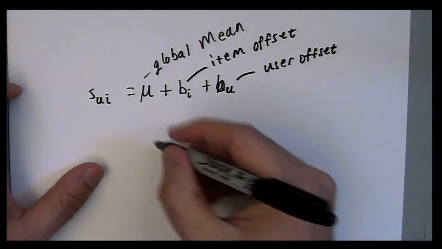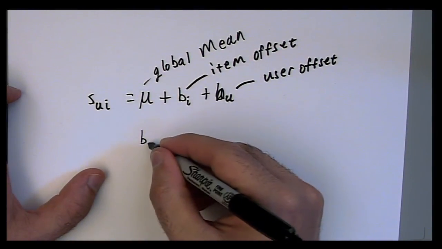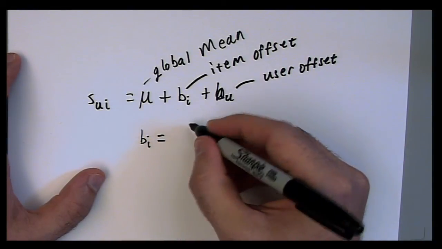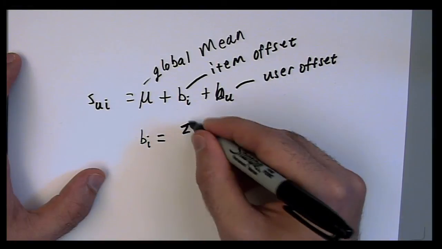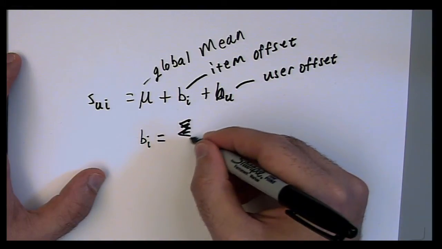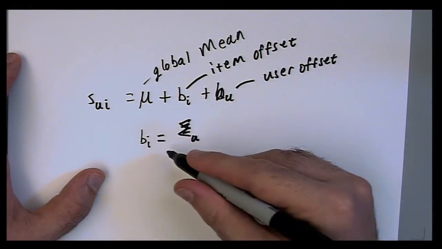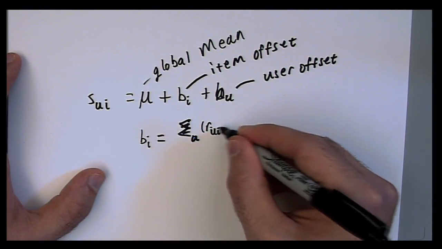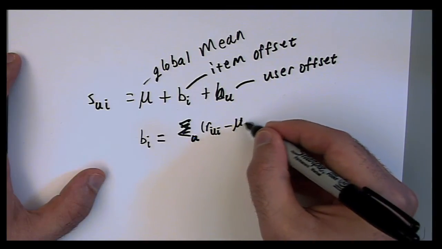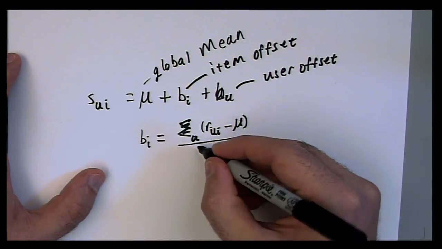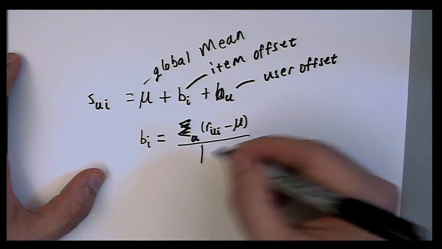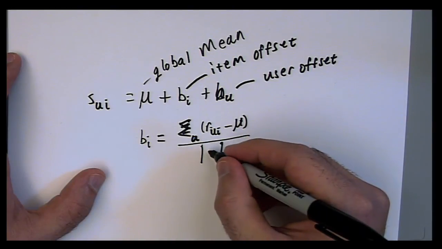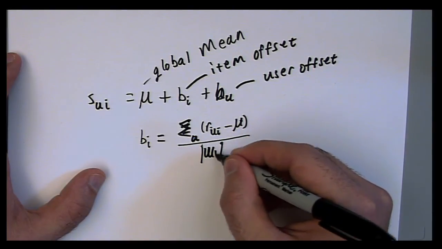And B sub I is equal to the sum over the users that have rated the item of that user's rating minus the global mean, all over the number of users that have rated the item.